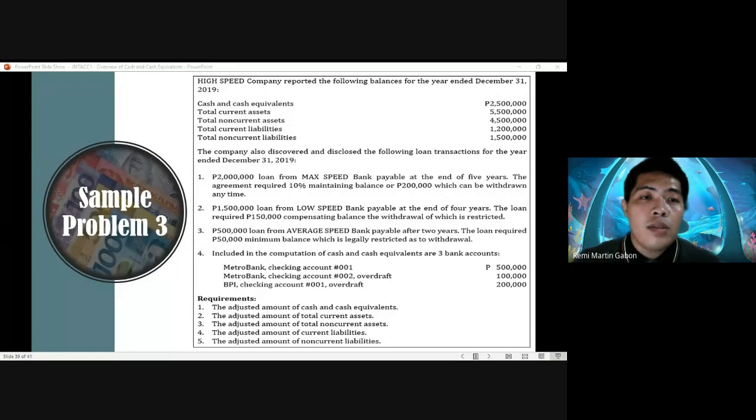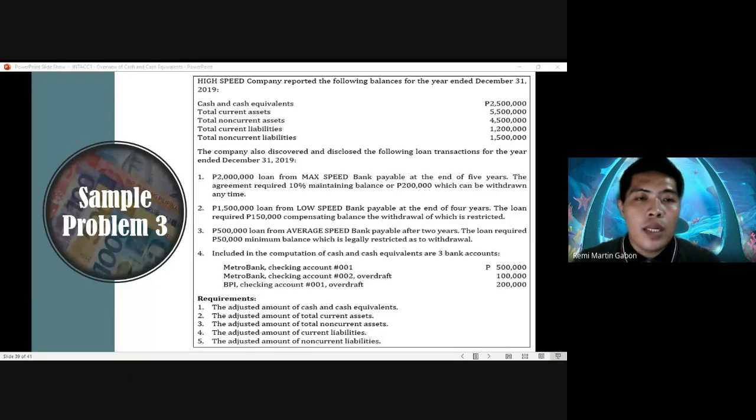Then 500,000 loan from average speed bank payable after 2 years. So another long-term loan, the loan required 50,000 minimum balance, legally restricted as to withdrawal. Okay? So lahat long-term, dalawa ang legally restricted.